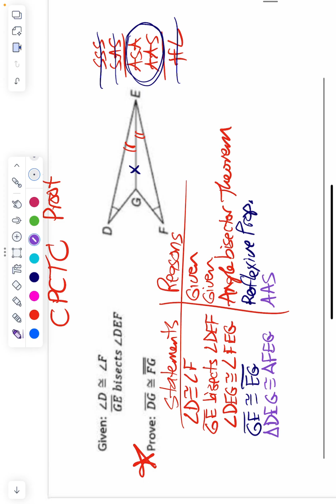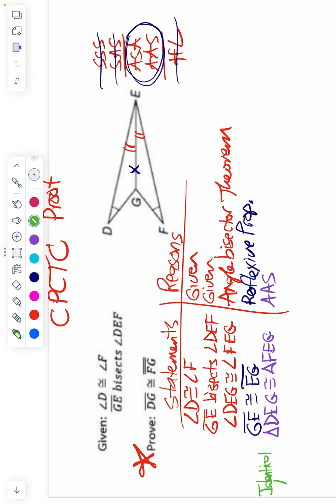We have one more step. Once we get to this point, usually we have one more step. And that is, now we know we have identical triangles. We have just proven it. So all corresponding parts are congruent.